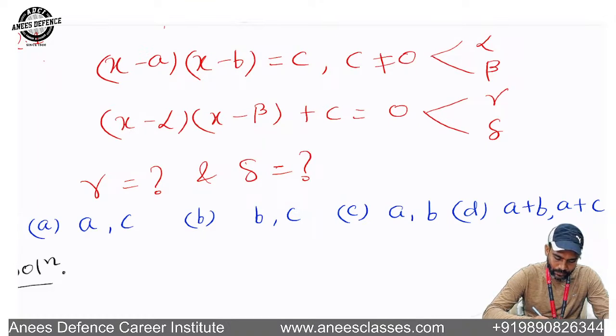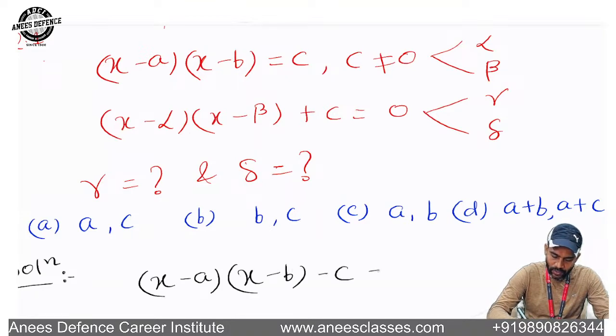See, very easy solution. Suppose we have x minus a and x minus b is equal to c, this is the equation, and roots are alpha and beta, right? So can I write x minus a into x minus b minus c is equal to 0, and that is equal to x minus alpha into x minus beta?